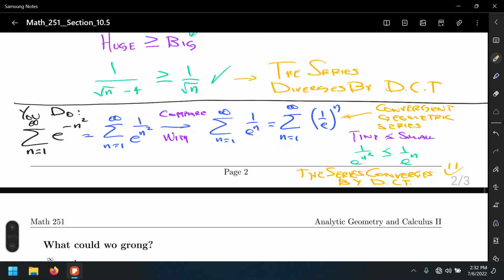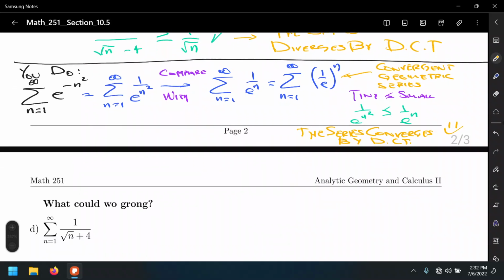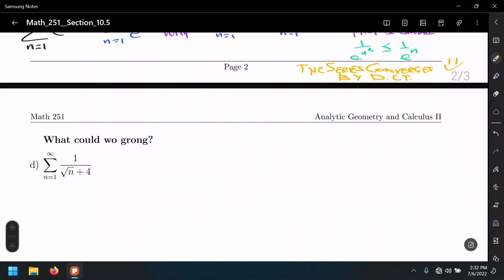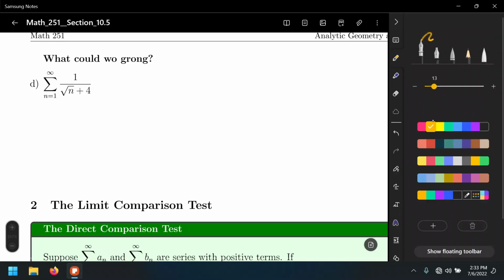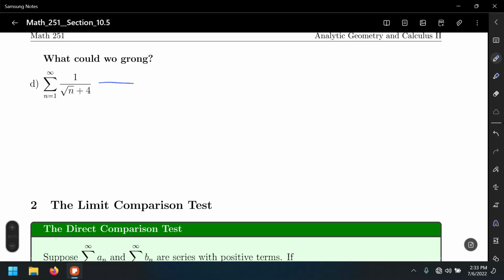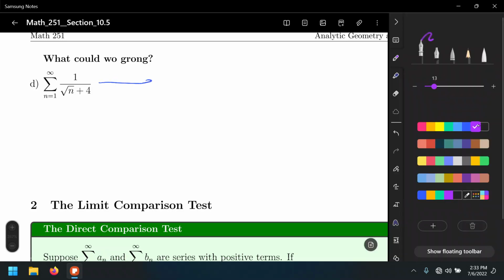Of course, what could go wrong with this test? Let's consider the series that we have here for letter D. Sigma n equals 1 to infinity of 1 over the square root of n plus 4. Let's see if we can compare this with a simpler series.